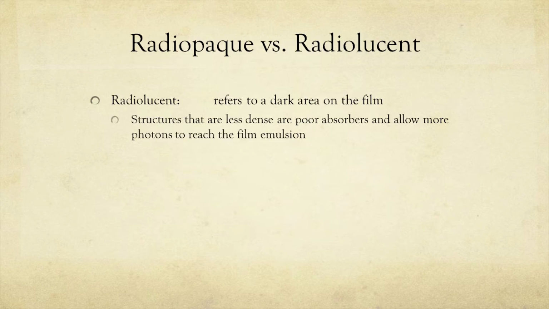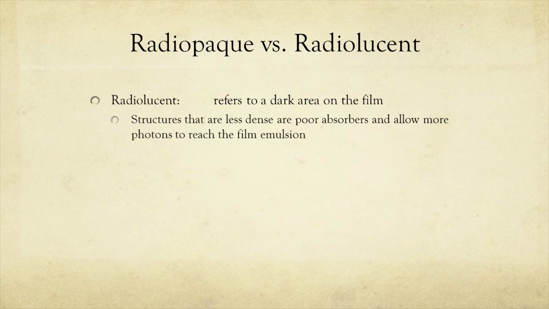On the contrary, you have radiolucency, which refers to the darker areas of the film. These are less dense areas where there is poor absorption of the photons, and that means more photons are reaching the film itself.